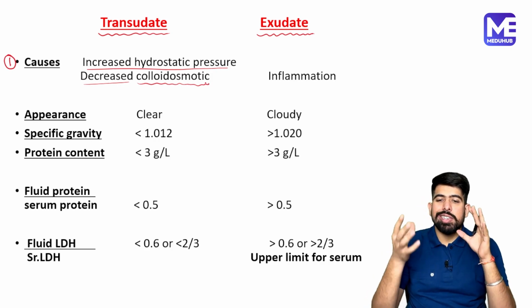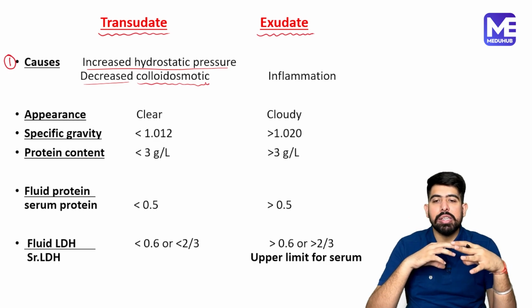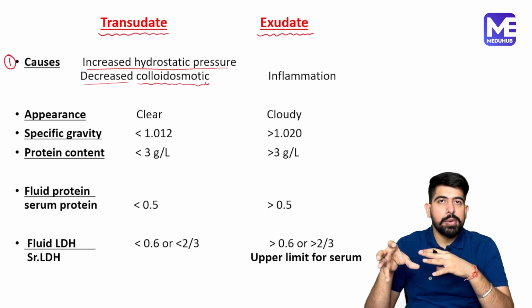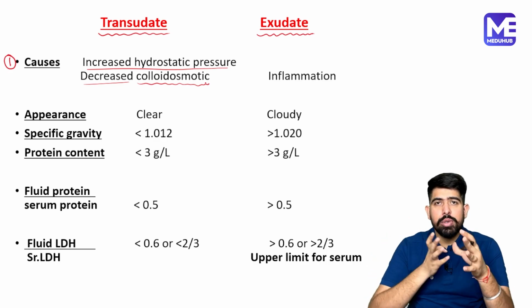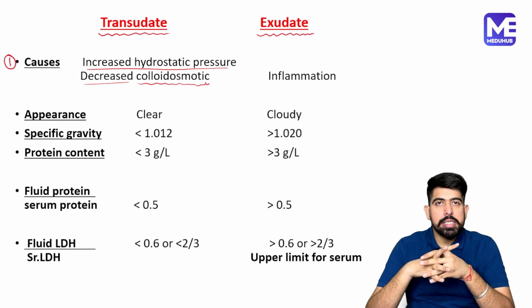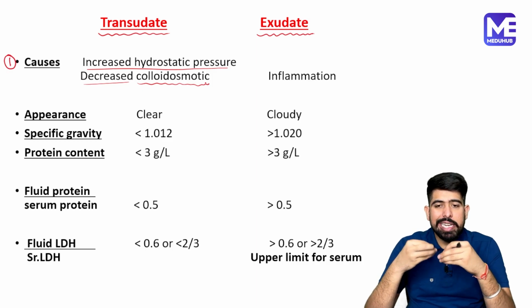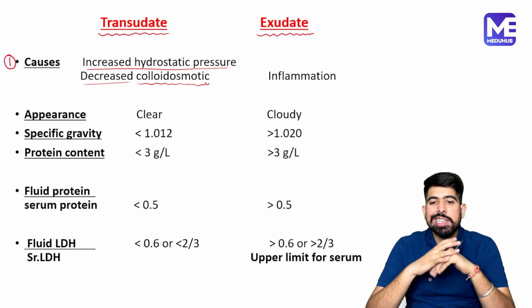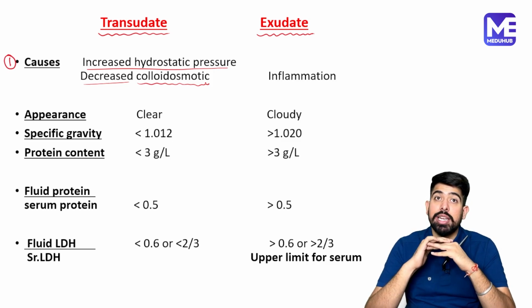If there is a disruption between this hydrostatic pressure and colloid osmotic pressure, water leaks out from the capillaries. This is clear fluid, right? That's why this is the transudate. This will be the clear fluid.